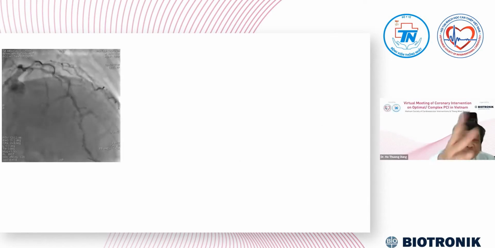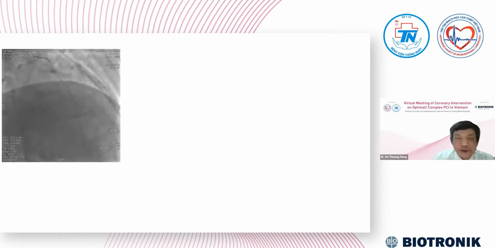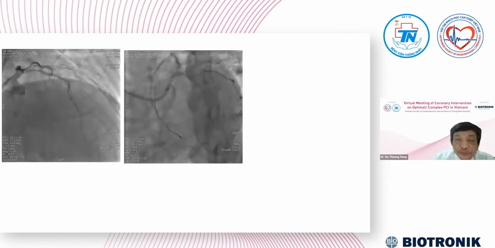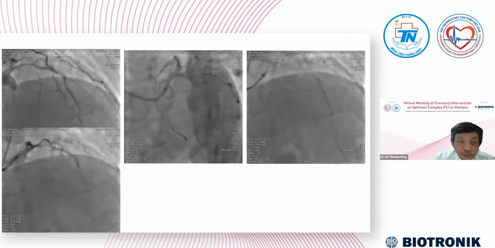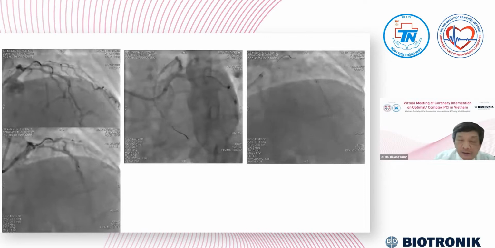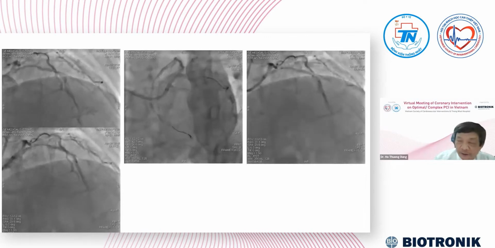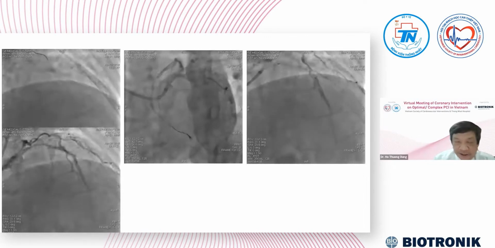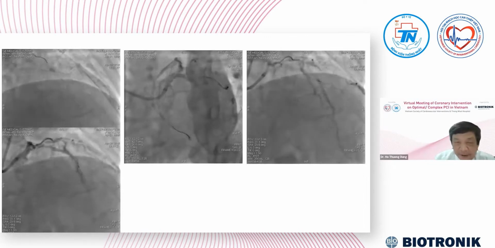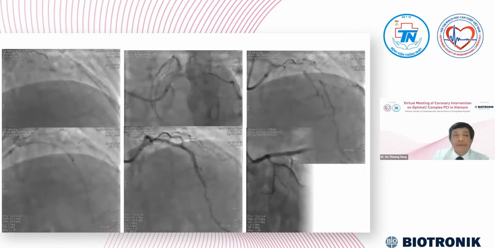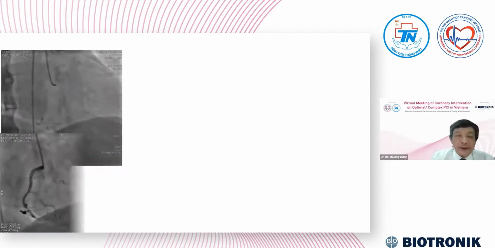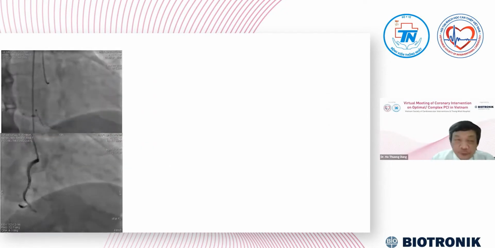Can you see, very tortuous, very calcified, tortuous? Then we deliver the stent with the help of Guidezilla. You can see Guidezilla. Okay. So the last result, I think, is not bad.